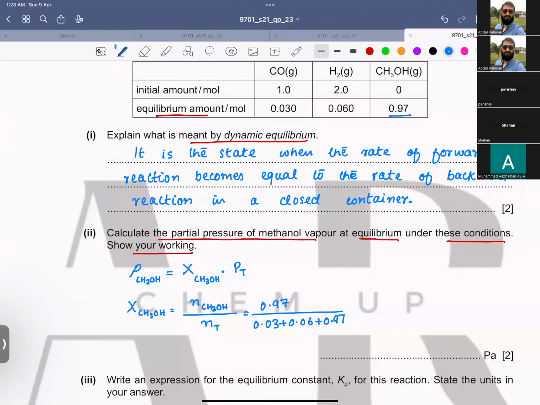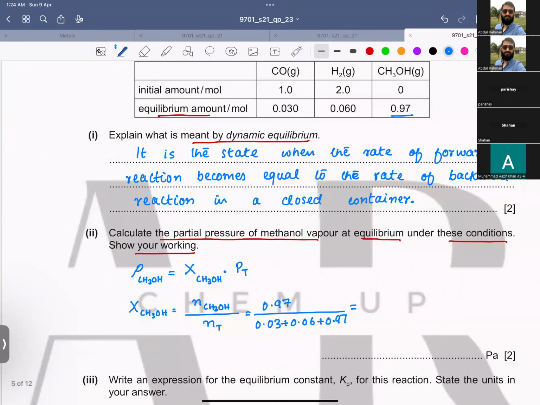So can anybody solve and tell me the answer? Yes, what is the answer?